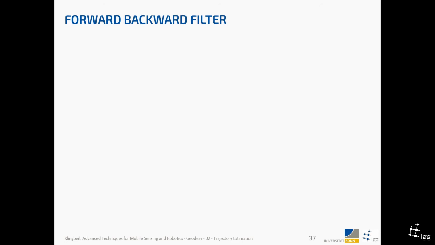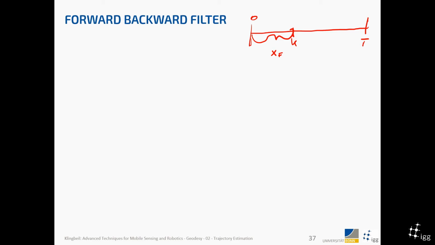One option for smoothing is the so-called forward-backward filter, and what it means is that if I have here my 0 and here my t that we've seen before, so I have measurements from 0 to t, and I'm here at time k, then I'm running one normal Kalman filter, which we call XF for forward, which uses all the measurements up to the time k.